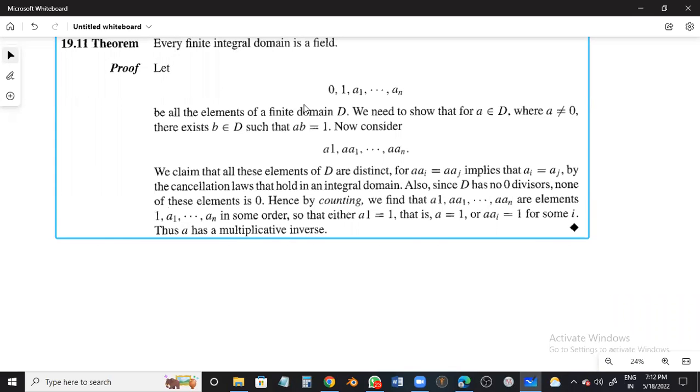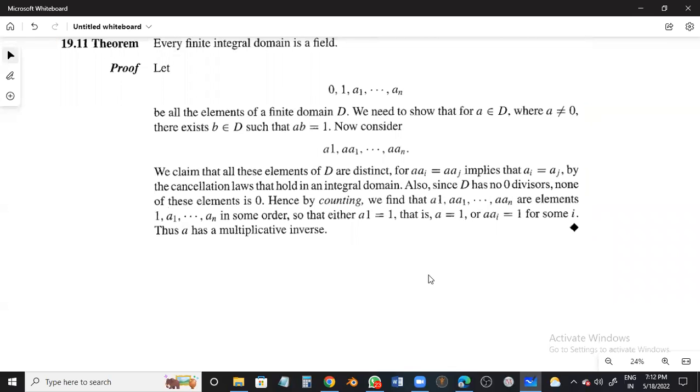All right. So what else do I want to show? Every non-zero entry has an inverse. If I show every non-zero entry has an inverse, then it will become a field. So it's our job to show that every element has a multiplicative inverse, provided it is non-zero.